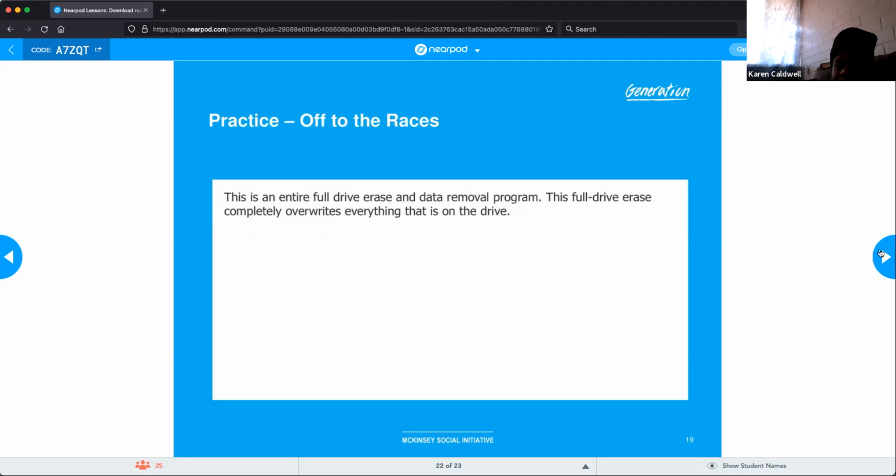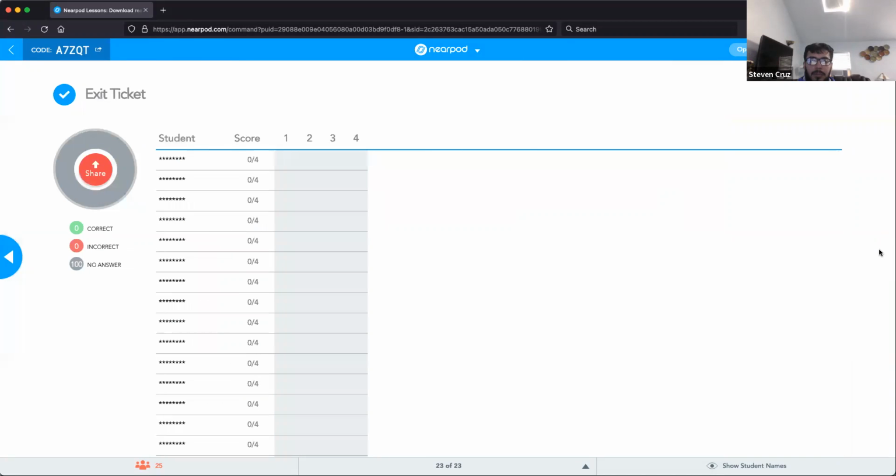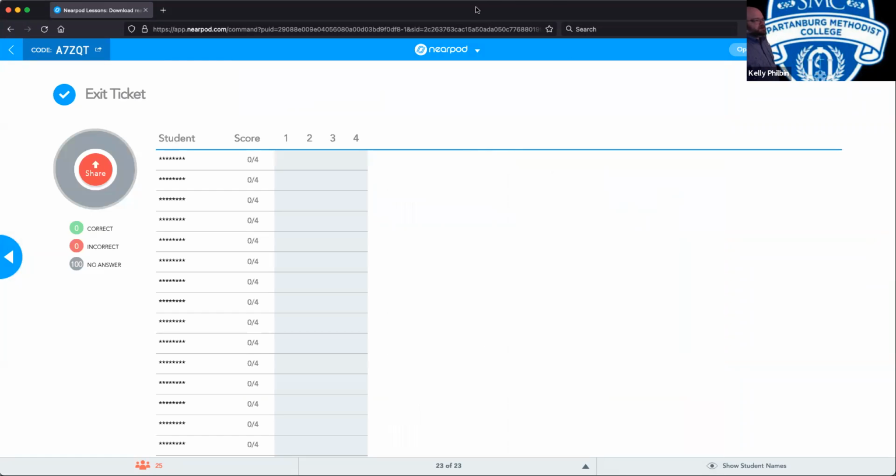What's the name of the most popular program that is used in overwriting? DBAN. Darik's Boot and Nuke. Yep, they're expanding Nuke. So DBAN, a popular overwriting methodology. We have our exit ticket.